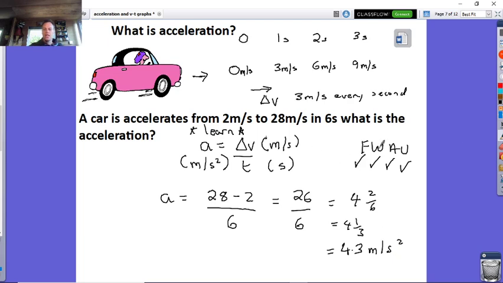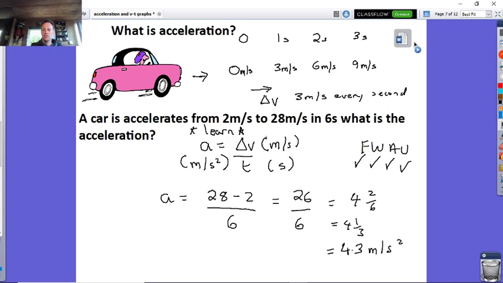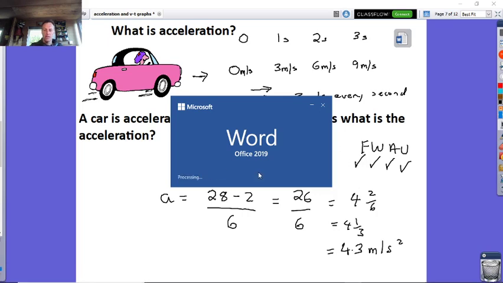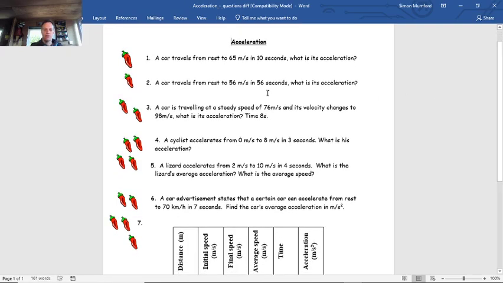Okay, now what I'm going to do is attach this worksheet as well. And what this worksheet does, they start off with 1 chili.